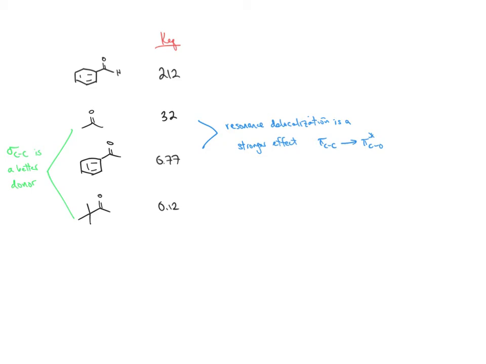It's just a little bit bigger, a little bit longer, and so you get that pi star CO increases in energy. And in addition to that, there's a little bit more steric crowding. Right, so it's much more difficult to access the pi star CO, because you've got this big, bulky tert-butyl group on the outside.